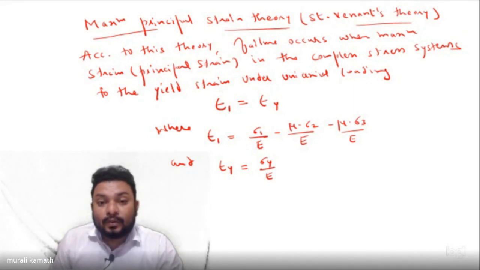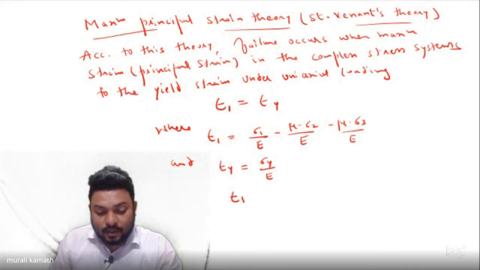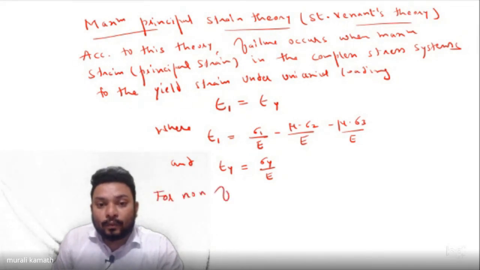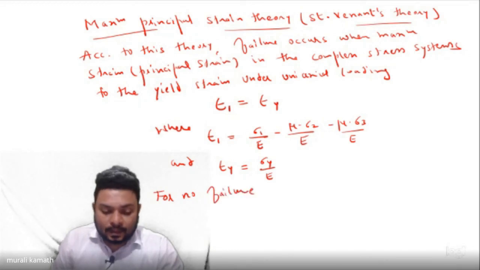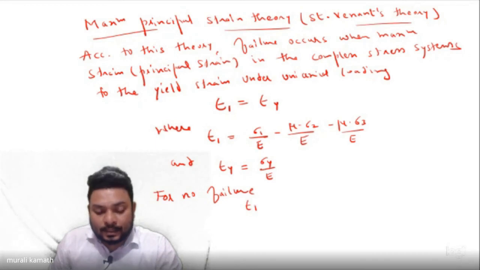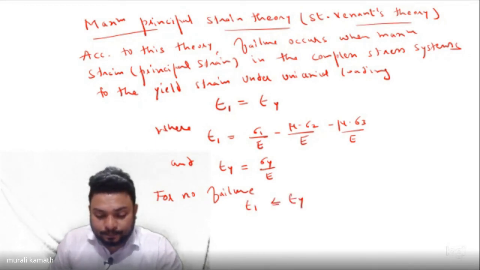So can I write down, for the no failure condition, sigma 1 will be less than or equal to your yield strain.